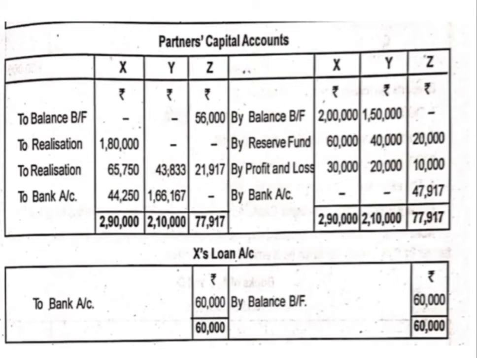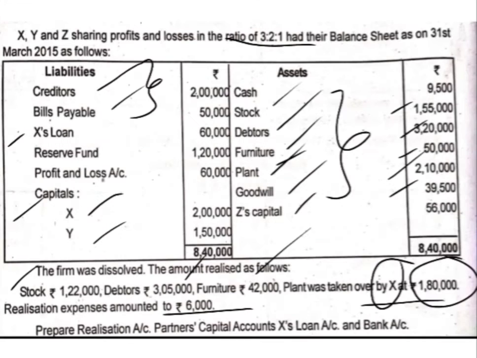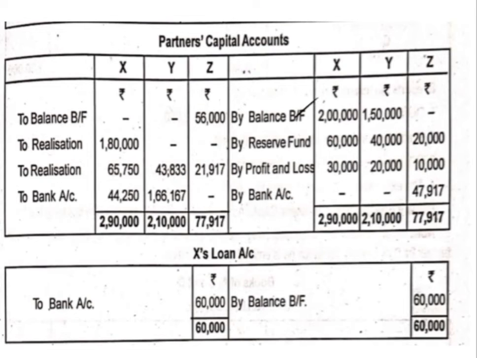Now coming to the second step, that is preparing the partners' capital accounts. As usual, first we are going to write the entry for recording the opening capital balances as given in the question. As we just now discussed, two partners have credit balance, one partner has debit balance. So in the capital account, by balance brought down, X 2 lakh, Y 1,50,000, Z dash.